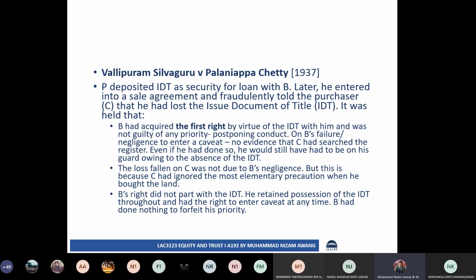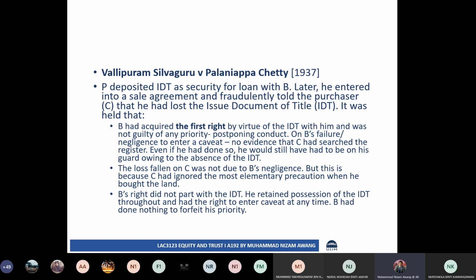B got the first right because he still held the IDT. Even though there was an element of fraud, the court held that it was not the fault of B. Actually, he still had the IDT, but he fraudulently told C that he had lost it.